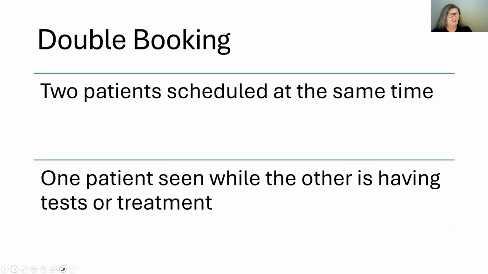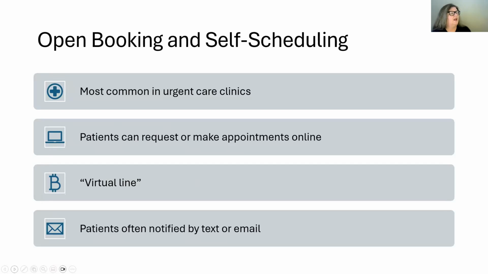And then one patient theoretically is seen while the other patient's having something done, like testing or treatment of some kind. I just know in my experience, this just doesn't work out that well. But again, in some environments it may. This is probably the least favorite of my types of scheduling.